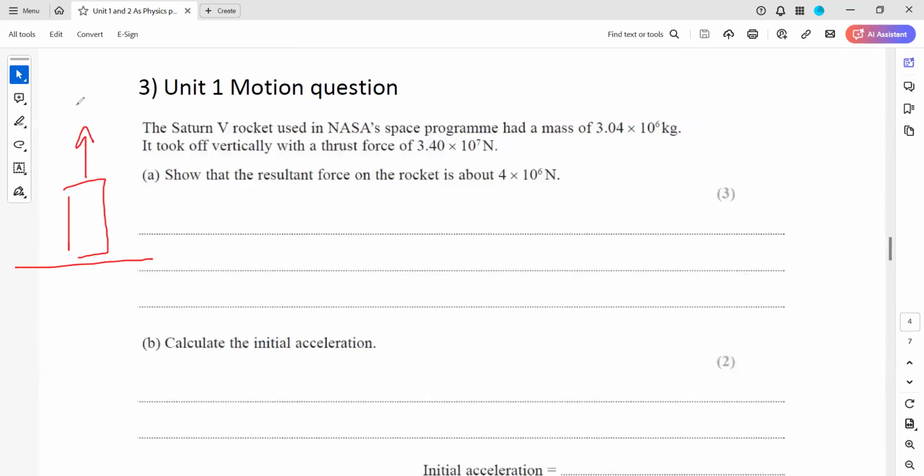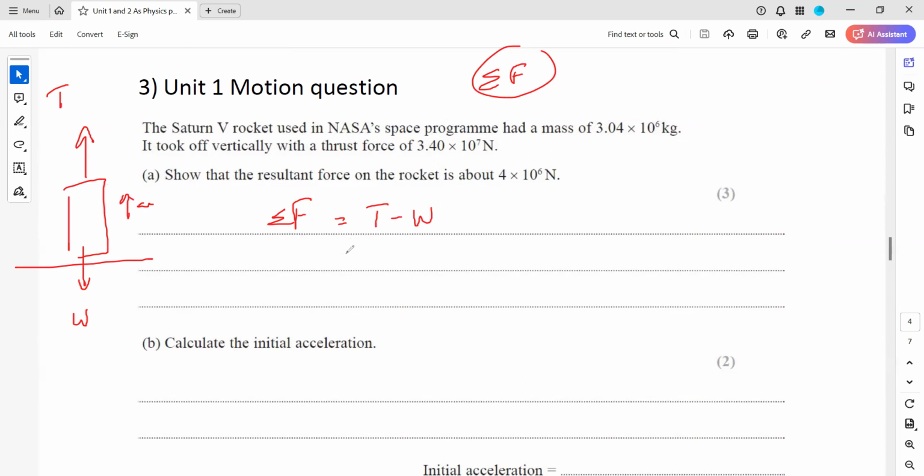There is a thrust, and the weight of the rocket is acting downward. If we need the resultant, what do we have to do? The resultant force will be thrust minus the weight, because the rocket is launched, so it will accelerate upward. You can use resultant force F, or you can also use sigma F, which also means the resultant force.